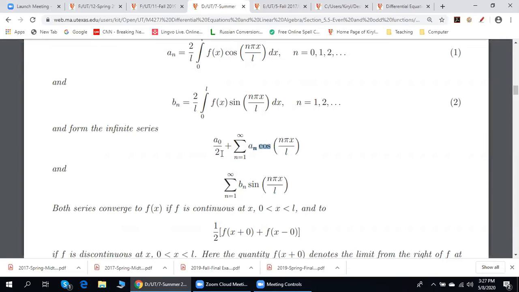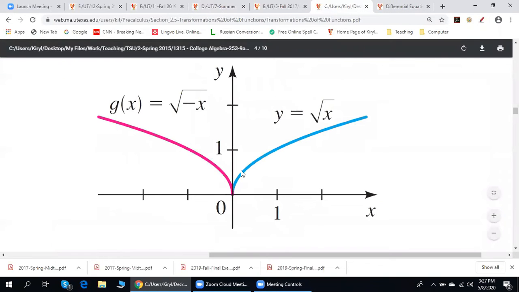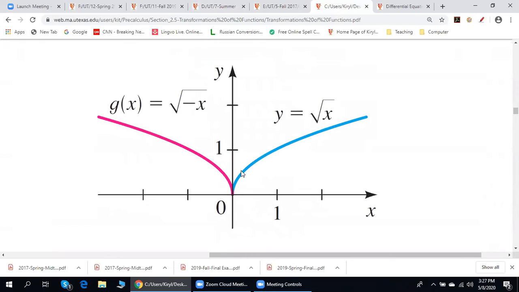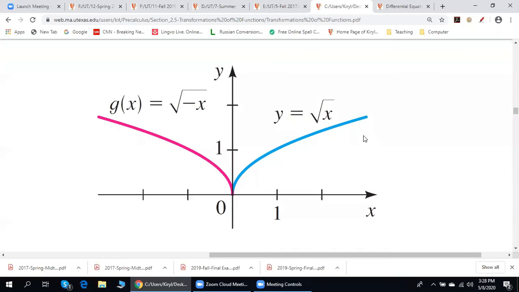Here is y. Again, let us go back to this graph. We just discussed what happens if we create an odd function out of our original function. However, if we create an even function out of our original function, reflecting this graph above the y-axis, our new function will be even.